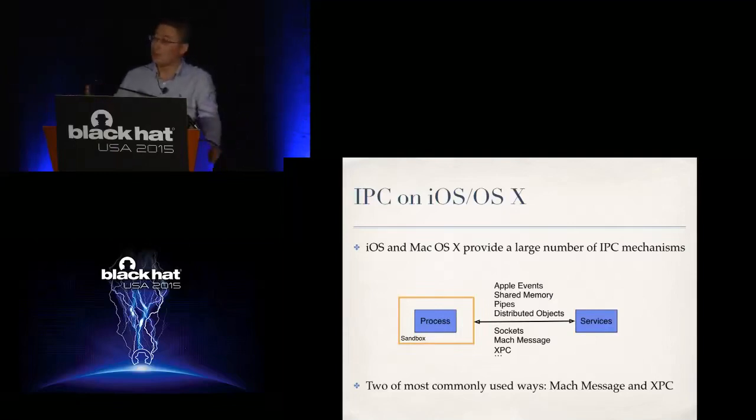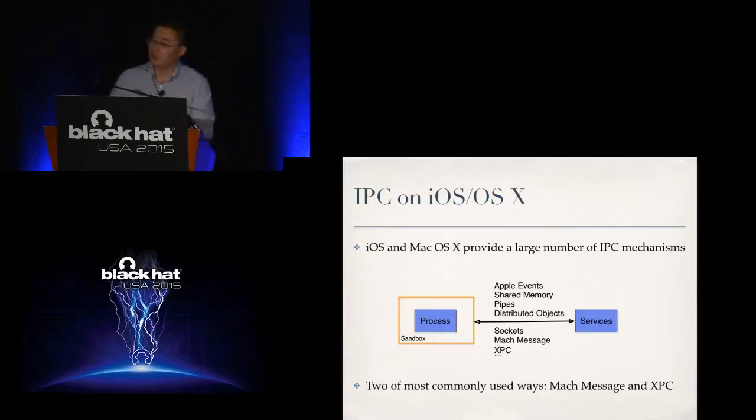The design of IPC, inter-process communication, is very good for security because it makes it possible to separate different functionalities into different processes. And then the system could apply different permissions and sandbox profiles to different processes. In that case, the system doesn't have to mess up everything together, which would be very terrible for security.